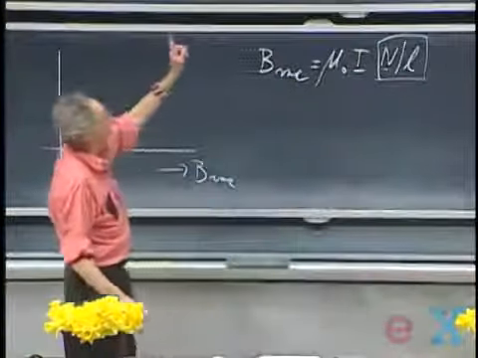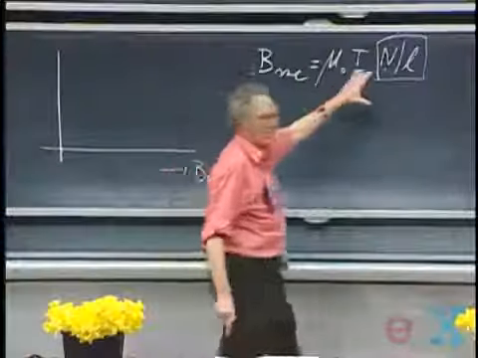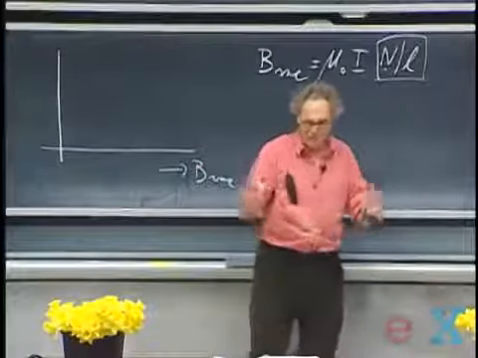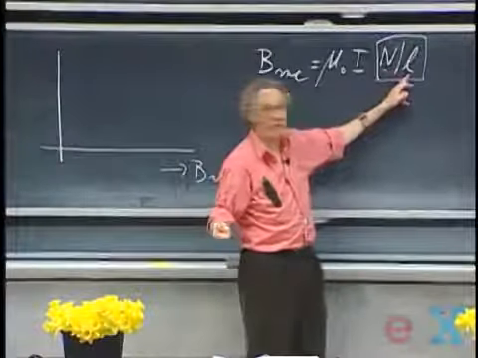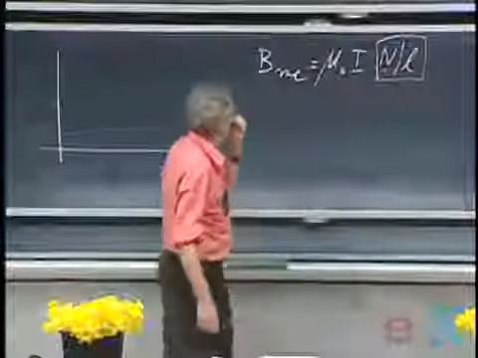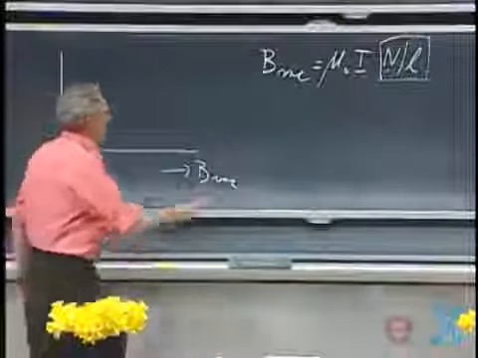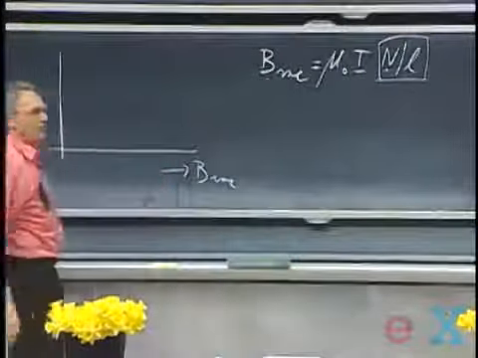So don't confuse it with the one we had there, because that was on an atomic scale, and this is on a macroscopic scale. We had a big one here in class, 2,800 windings, and we had 60 centimeters long, and so that's what this number is all about. So the moment that I know what the current is through my solenoid, I immediately know what my vacuum field is, one-to-one correspondence.